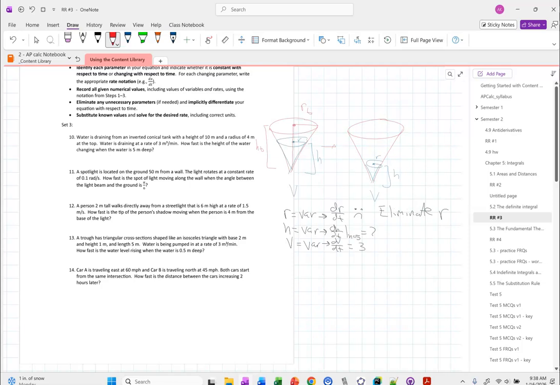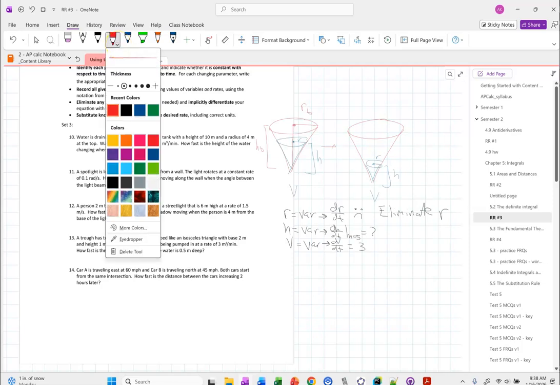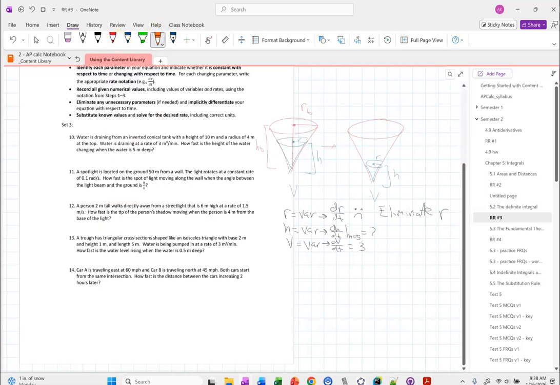And ideally here, we would notice that that forms 2 similar triangles. Very common trick when dealing with cones, water draining from cones. If you need to eliminate a variable, it's probably going to be the similar triangles trick that's going to be your tool to eliminate the variable.